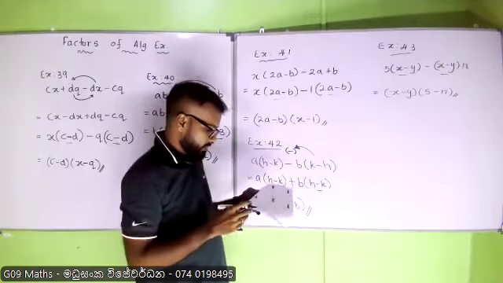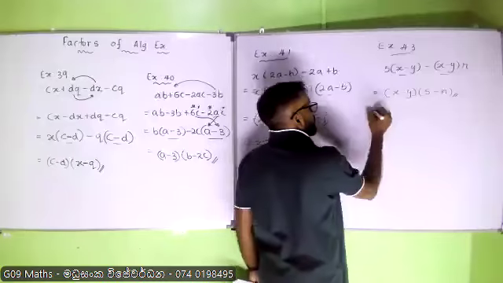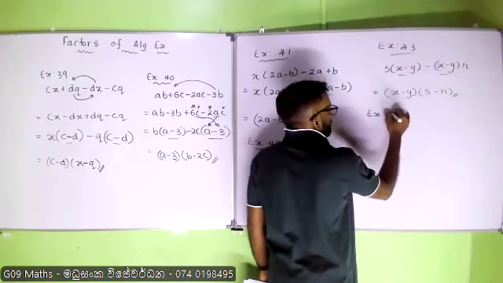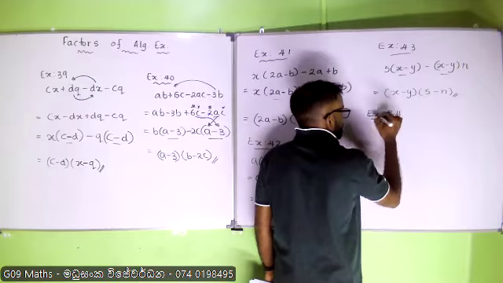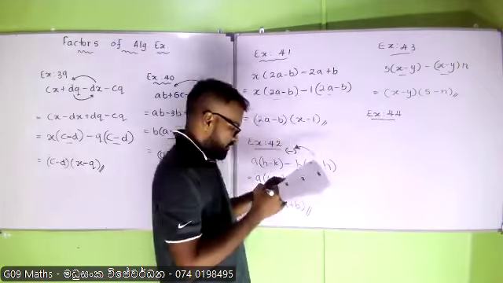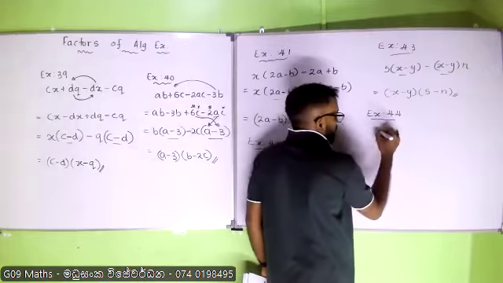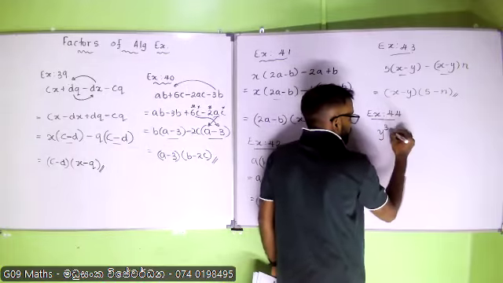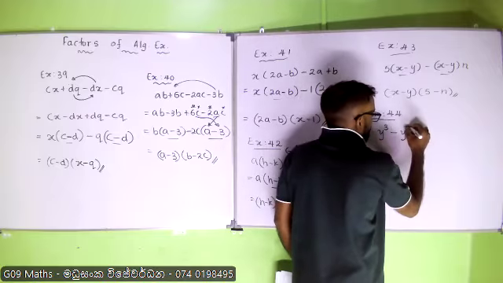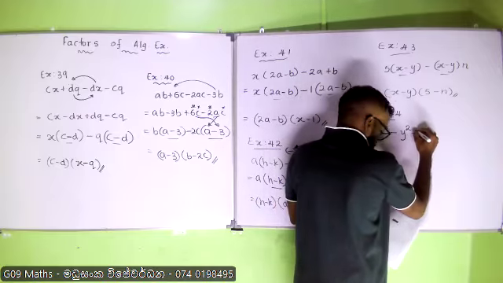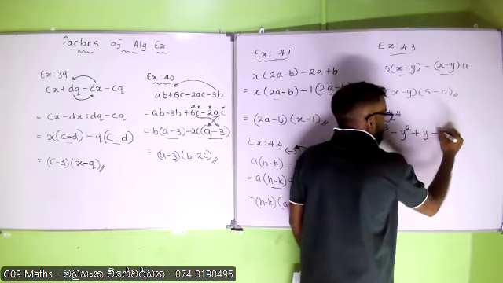Example number 44. y to the power 3 minus y to the power 2 plus y minus 1.